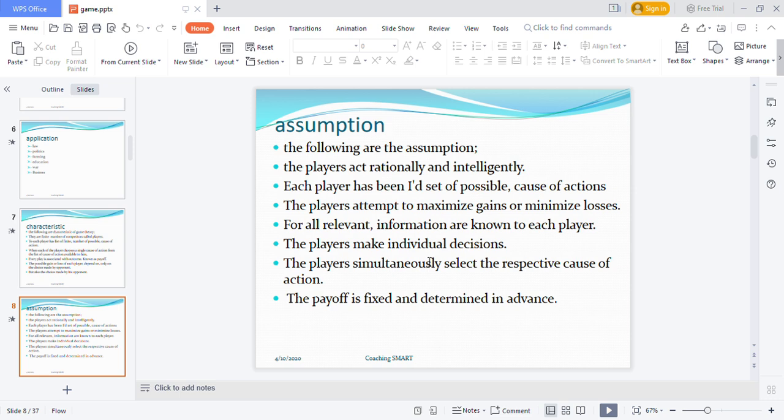So the player will choose a decision on the basis of their individual information. The players simultaneously select their respective courses of action. So there's that simultaneous selection of courses of action. Payoff is fixed and determined in advance. So the payoffs are already out in the public domain, in the domain of the players. So these are the assumptions.